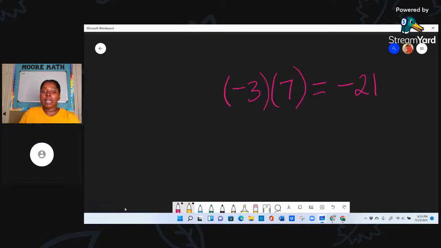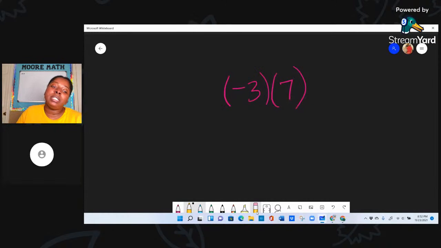And how did you know it was negative? Well, tell me what this would be. Negative 3 times negative 7. Negative 21. Okay. So let's start here.